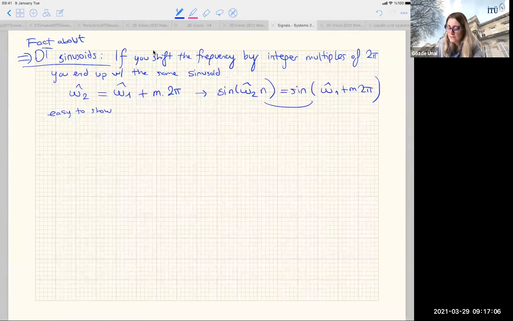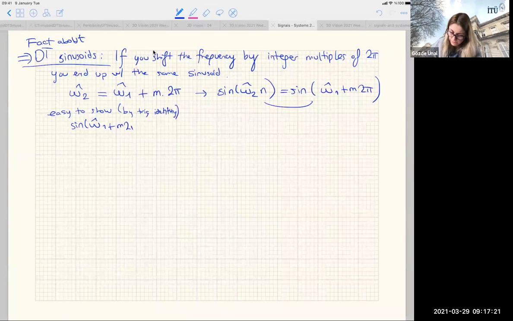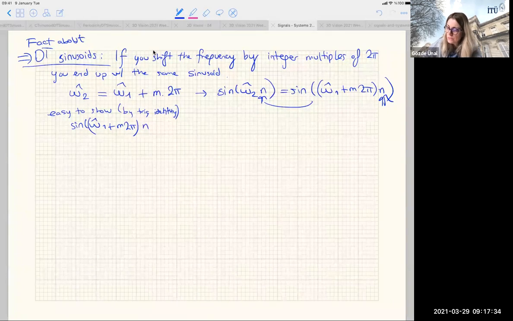You guys know this by the trigonometric identity, right? I think maybe just as a hint, I can write this for your notes, omega hat plus m 2 pi. And I forgot the n here, guys. This is important. Of course, there is a time variable here, which is n, right? And you guys should just open this up or expand this.